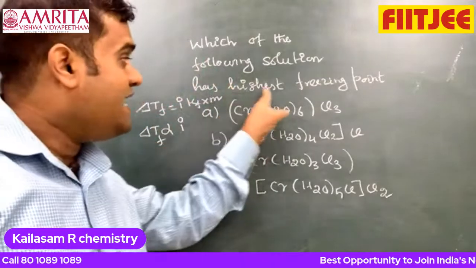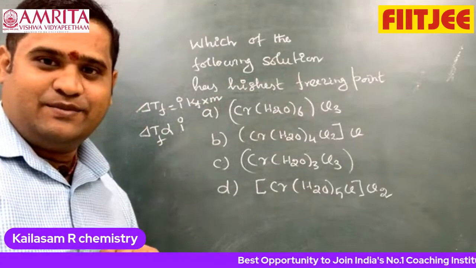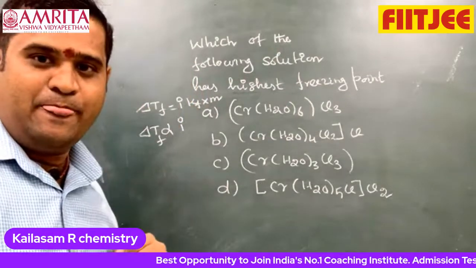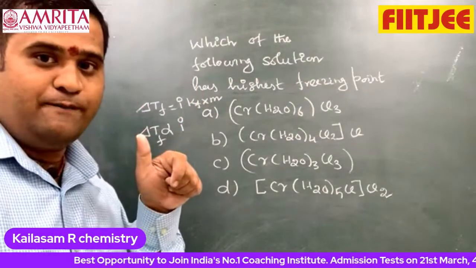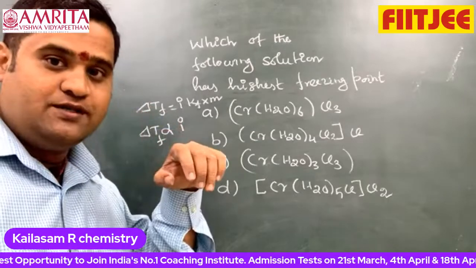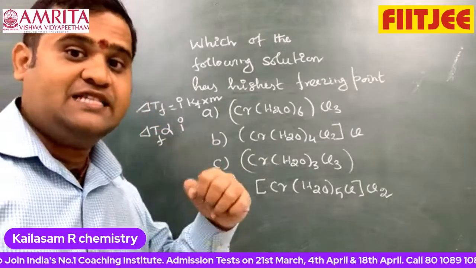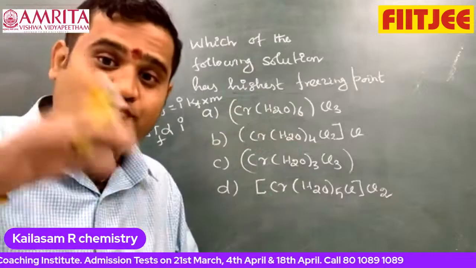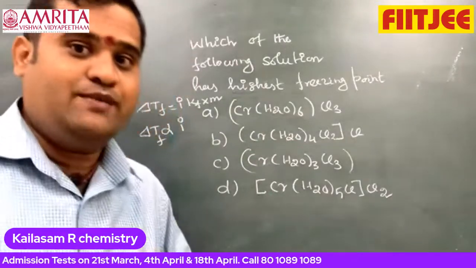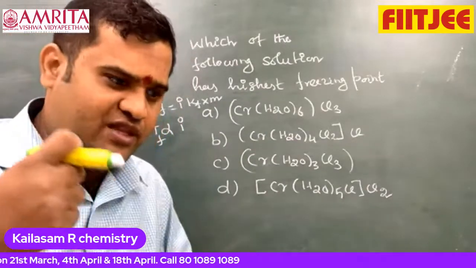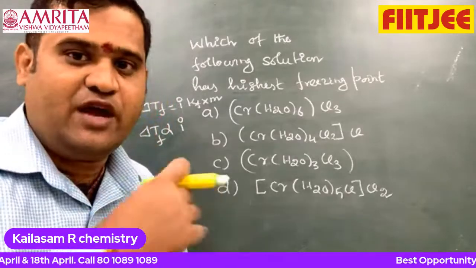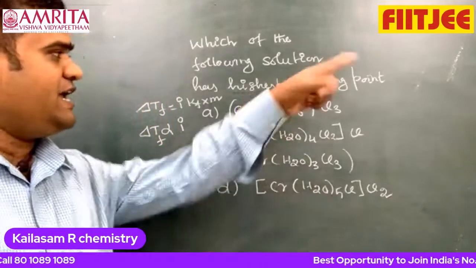They are asking for the highest freezing point, which means when the i value is less, they have the highest freezing point. When the i value is more, they have the lowest freezing point. The solution will freeze very fast if the i value is high. But they are asking for the highest freezing point.